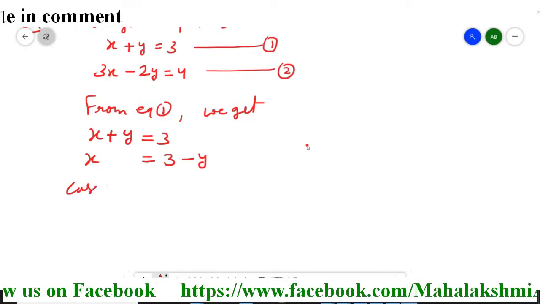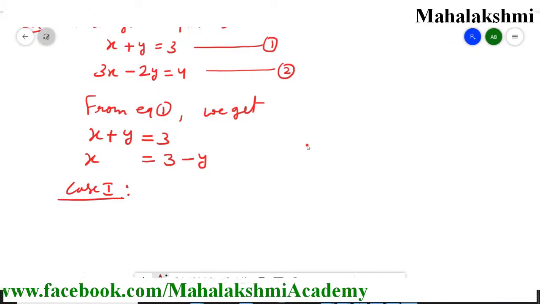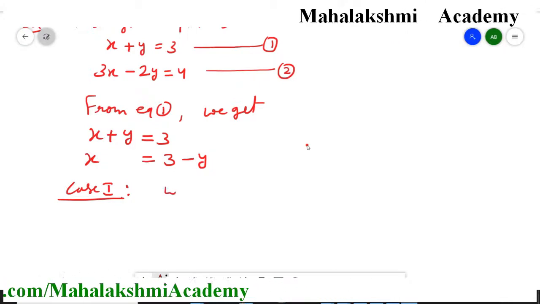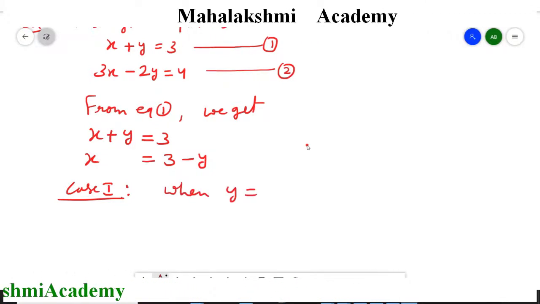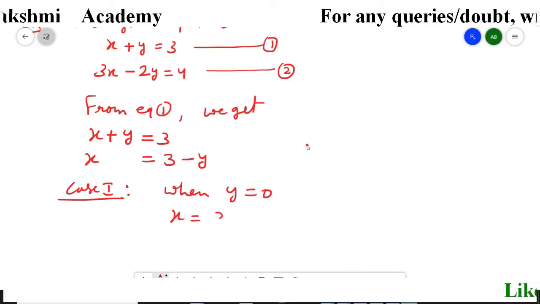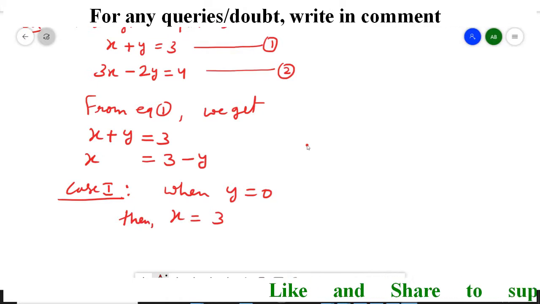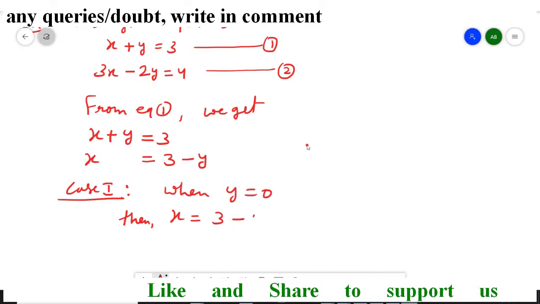So case first, any value whatever you want. So I am going to replace y equal to 0. So when y is 0, in that situation x is equal to 3 minus 0.